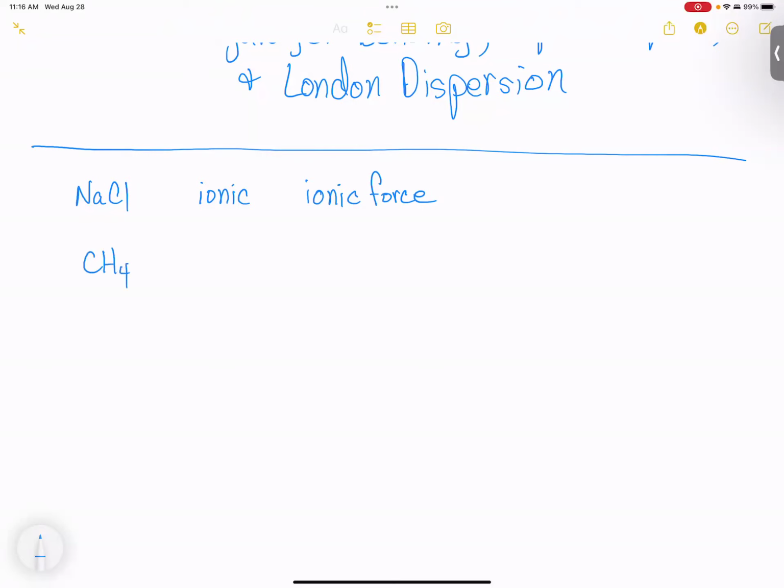If I give you CH4, is it ionic or covalent? It's covalent. How do we know? Well, it's a hydrocarbon, but it's also because carbon and hydrogen are both nonmetals.